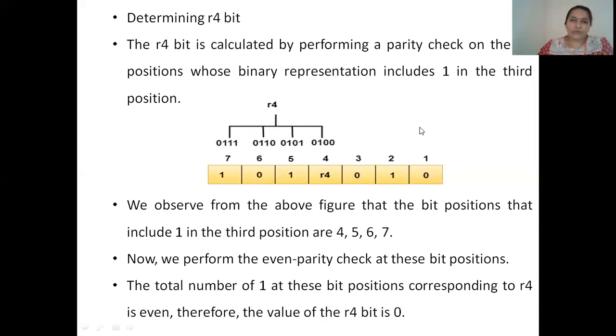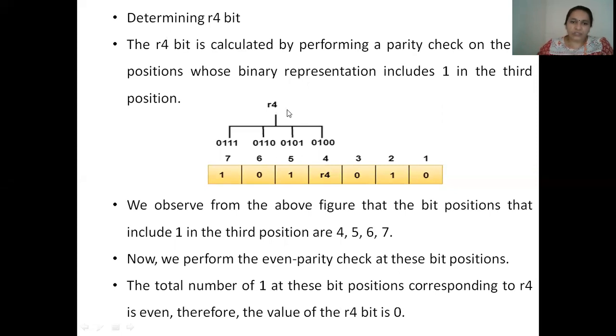Now to compute R4 bit, we can perform a parity check on those bit positions which contain a 1 in the 3rd bit position of the binary equivalent. According to the Hamming code algorithm, we have to check those positions which contain bit 1 in their 3rd bit position to compute R4.